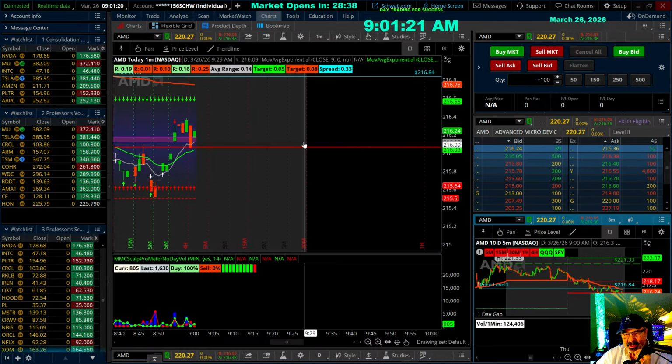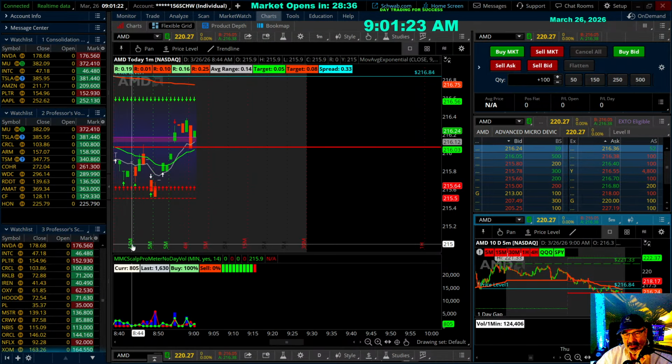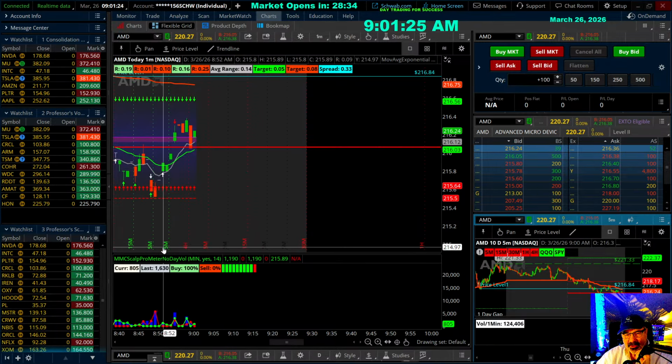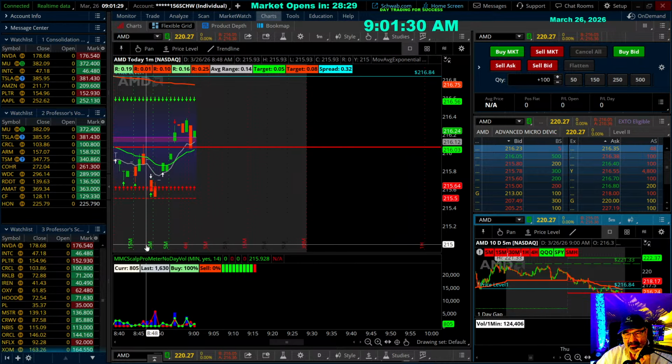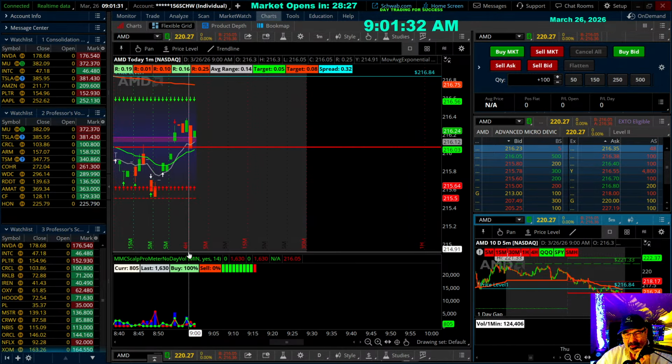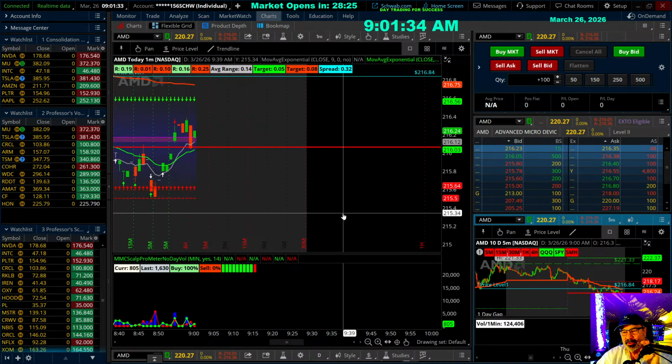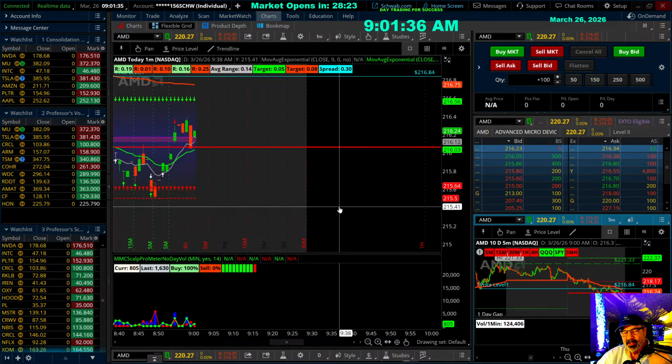The other lines you see up here, the vertical lines, show you when the other time increments are closing on different charts that people might be trading on: 5-minute, 15-minute, 30-minute, and 4-hour. A lot of times, the more traders that are trading on a certain time frame, often that's the direction of the stock.